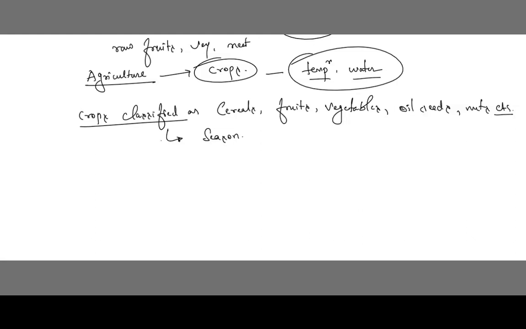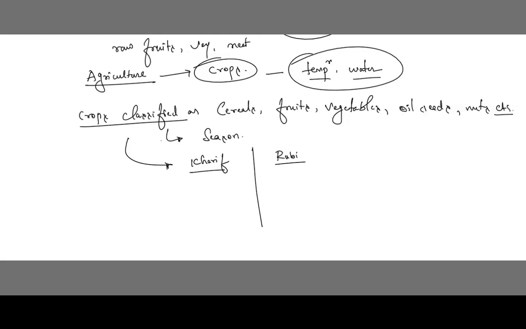Now, as per our country, India, we generally classify the crops into two types: Kharif crops and Rabi crops.